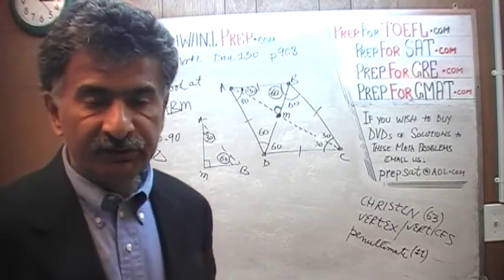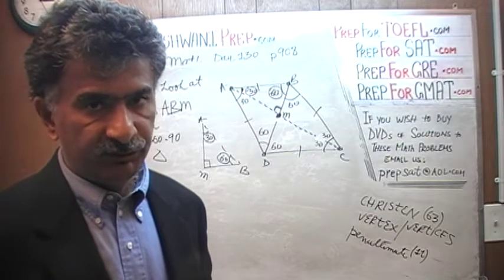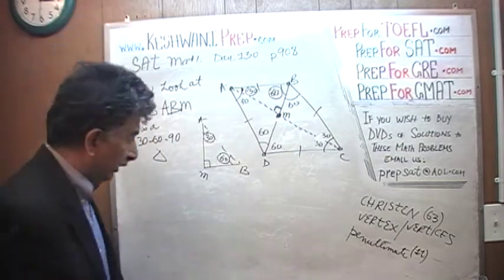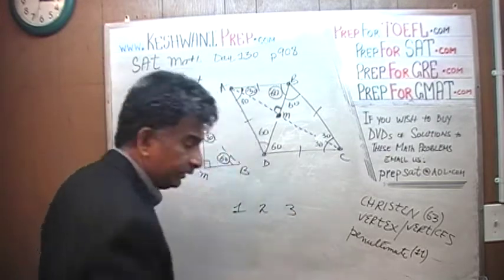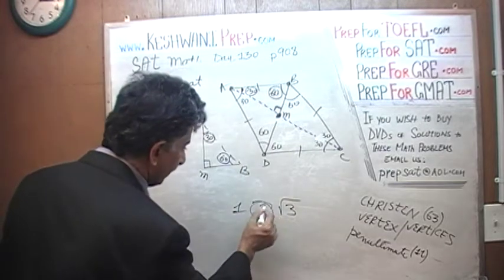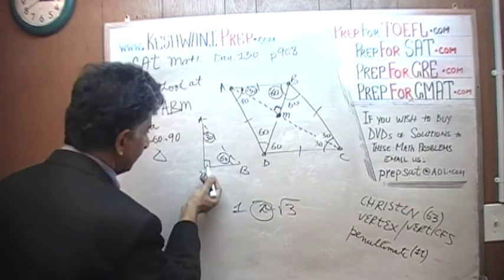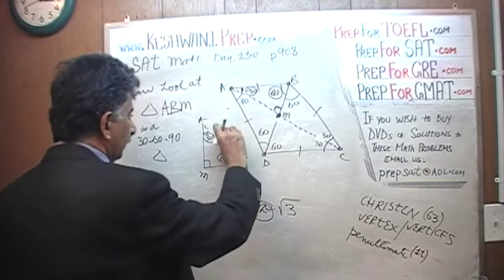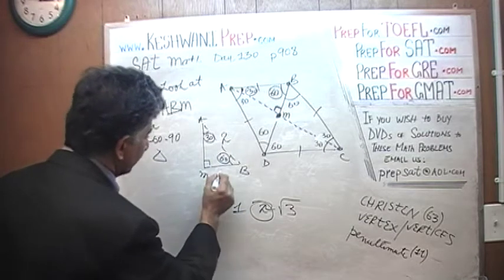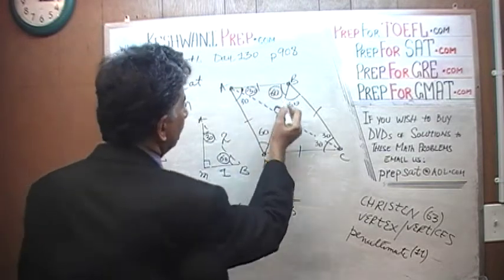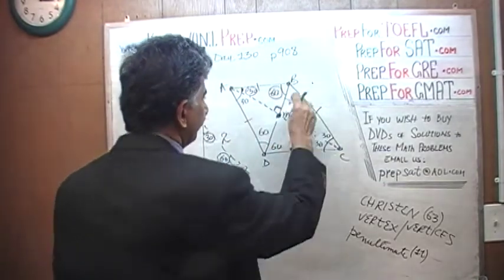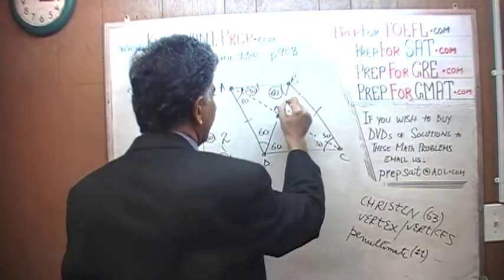And what do we know about a 30, 60, 90 triangle? We know the sides are in a certain ratio. I don't memorize it, I just go like this: 1, 2, 3, put the square root sign on the last one, and arrange them in order. 2 is the biggest one, so 2 goes opposite 90 degrees. 1 is the smallest number, which will face 30 degrees, which is M to B. So B to M is going to be 1.